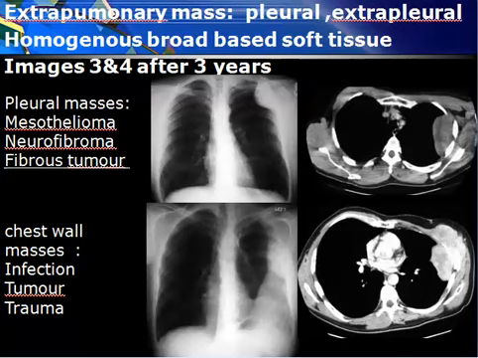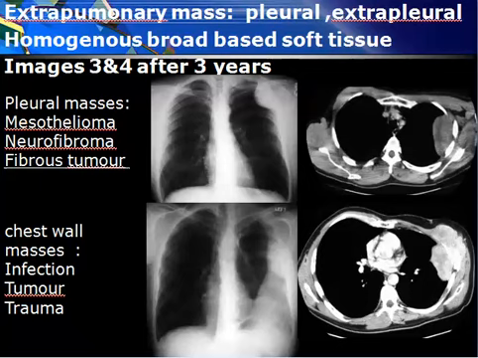The long chronic history suggests that it is something which is not aggressive, and amongst the tumors of the pleura and ribs, chest wall, we have the lipoma, but the density is not like that, and the extension would not be like that. We have the mesothelioma, and of course it will not wait for 3 years. Neurofibromas will not extend, but that one extending is usually fibrous tumors. Fibrous tumors are long-standing and spreading.